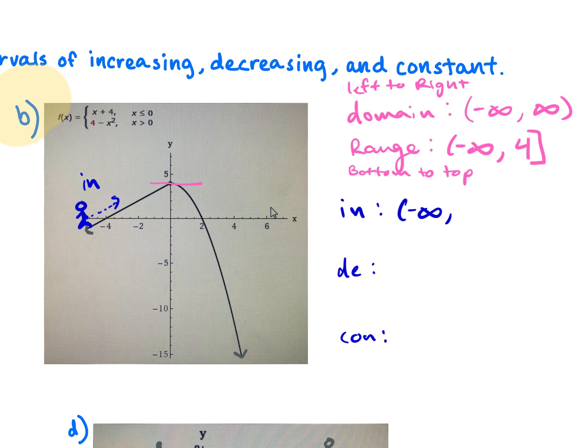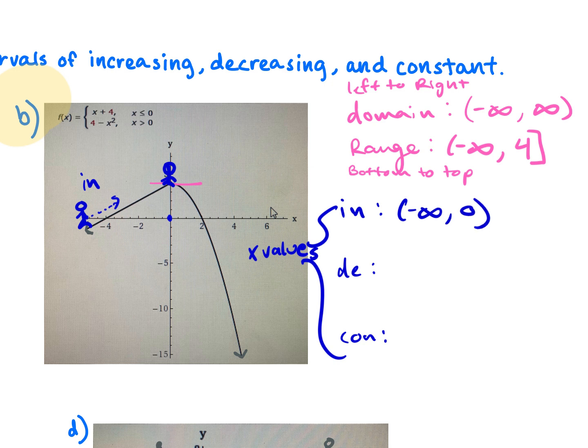Awesome. We're increasing to here, which is at 0. Remember, increasing, decreasing, and constant are always x values. So we're increasing from negative infinity to 0.